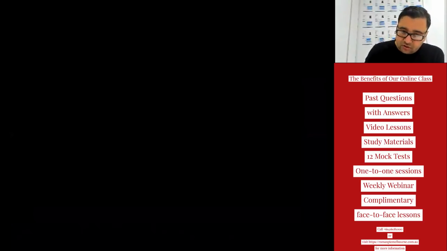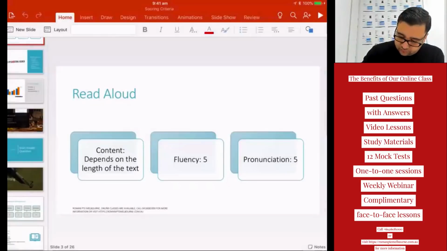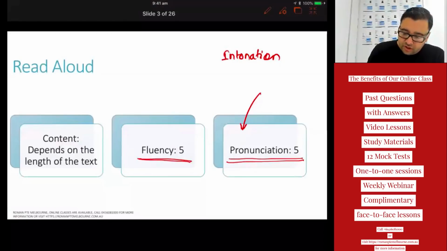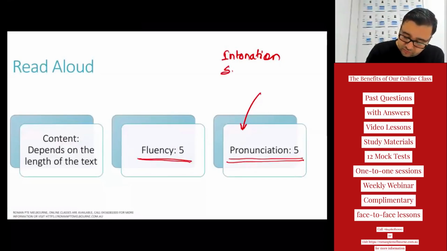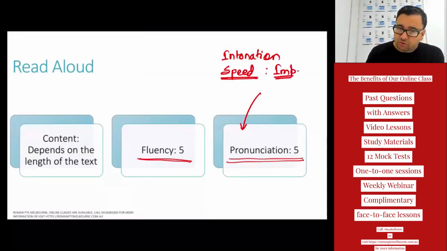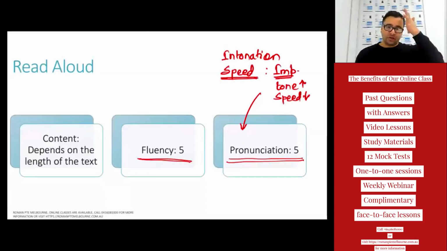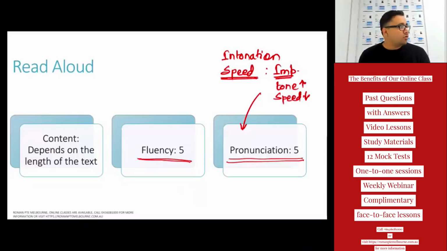Second thing is make sure there is also variation in your speed, which simply means that when you are talking about important words, you are slowing down and your tone is going up. So tone up, speed down whenever you are trying to say any important words. This is also called stressing or emphasizing the content, and this is very important for your score.